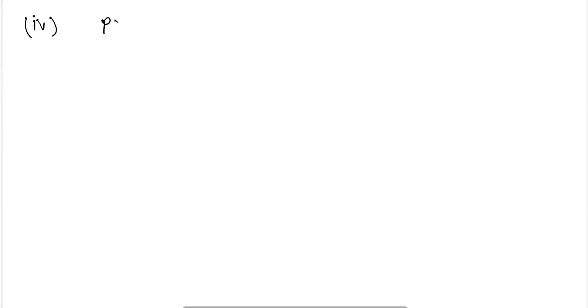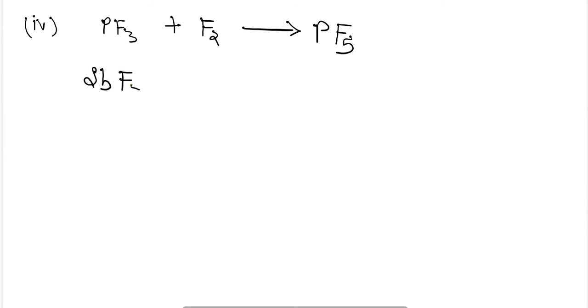We can convert phosphorus trifluoride into pentafluoride by reacting it with F2 to form PF5, phosphorus pentafluoride. Antimony trifluoride can also react with 2F- ions to form SbF5 2-.